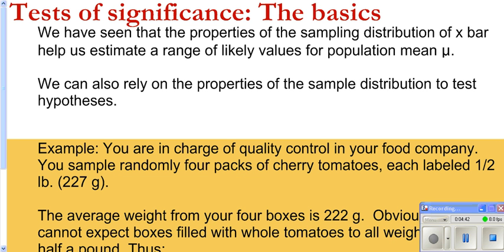Now let's go ahead and consider the other main part of inferential statistics, which is the test of significance. In other words, we're trying to see, is our mean from our sample truly all that different from the mean of our population?